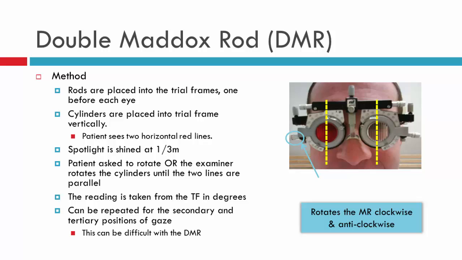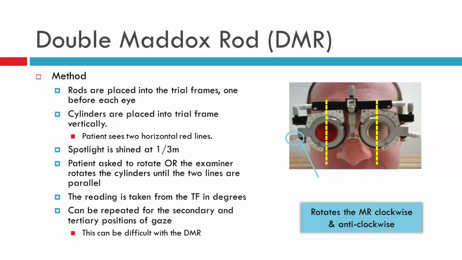So what we're specifically interested in when we're measuring torsion using the double Maddox rod is the tilt of the image. And what we're going to ask the patient is to move that tilted image so that it is parallel to the second image.